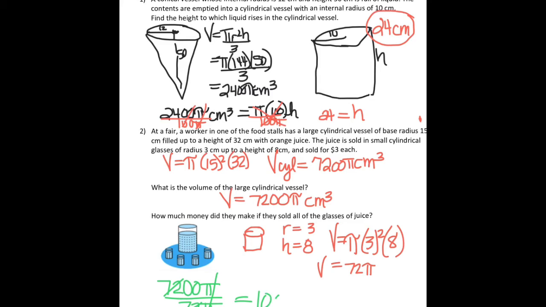So I can sell 100 glasses of juice. How much do I make for each glass? I sell them at $3 a piece. So how much money am I going to make? I'm going to make $300.